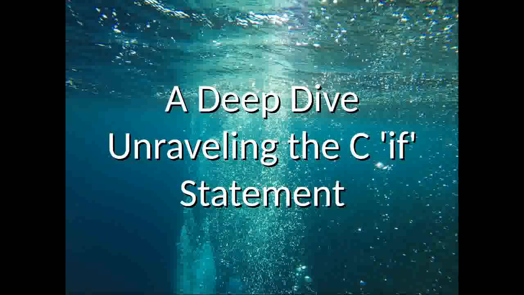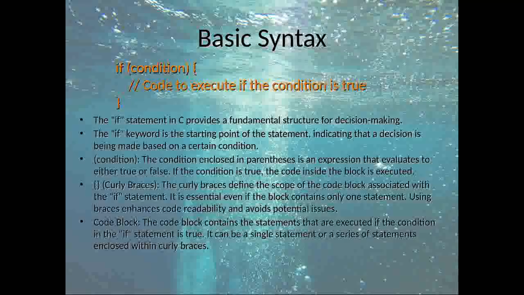The unraveling of the C if statement is a fairly straightforward thing to look at. The basic syntax of an if statement is if, and then the conditional, and then the brackets. Now, this is the fundamental structure. If is the starting point. The condition enclosed in the brackets is the thing that gets evaluated to either true or false.